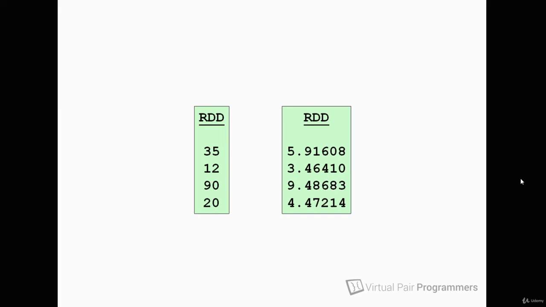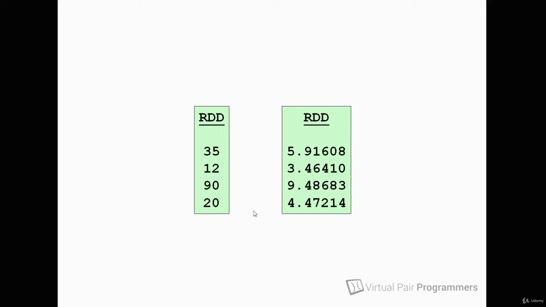This is the state of play as we have things at the moment. We have two separate RDDs, one with some integers and one with their corresponding square roots. Now, what I was trying to say really was that it's going to be very difficult to do anything useful with these two separate data sets. We're going to want to do things like grouping.